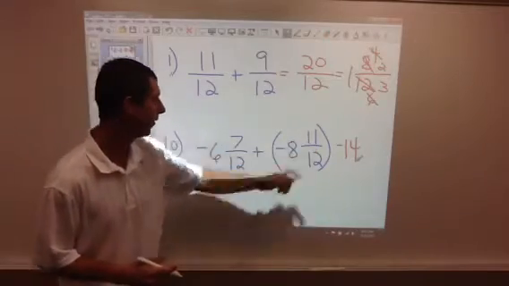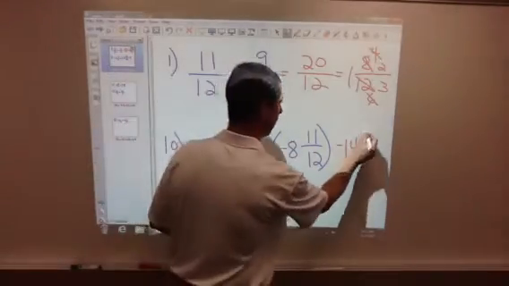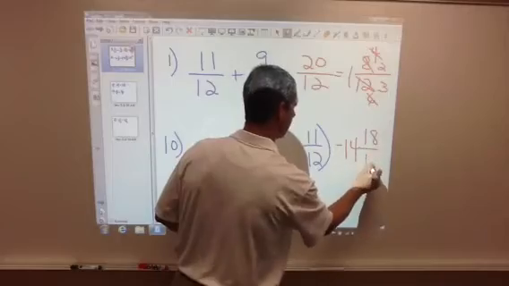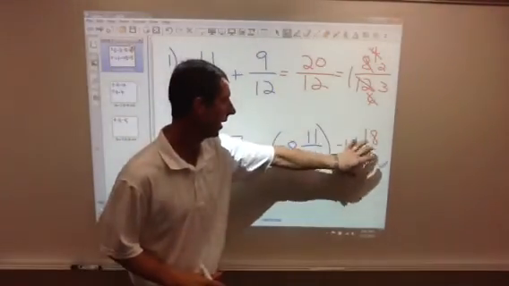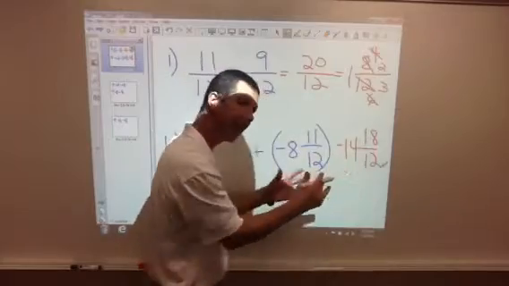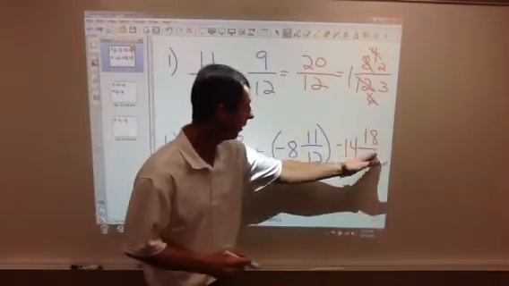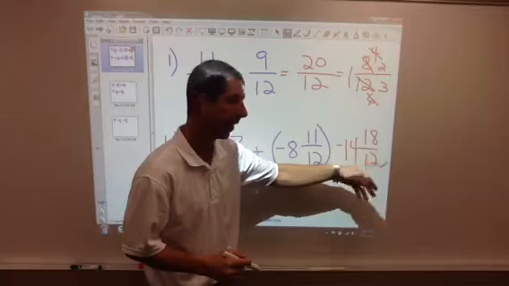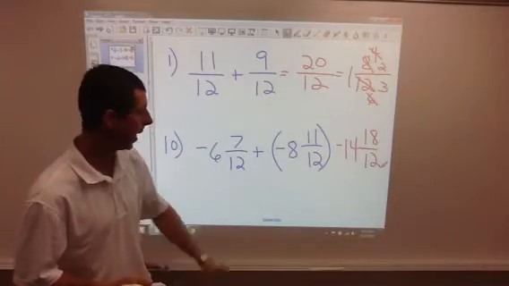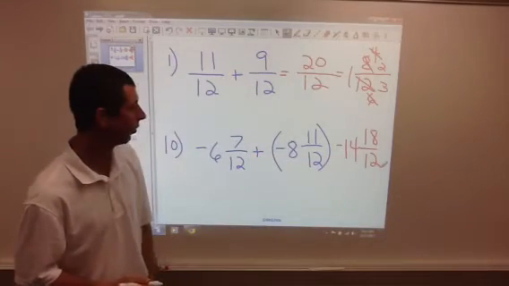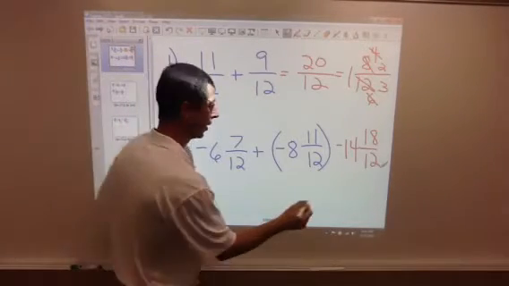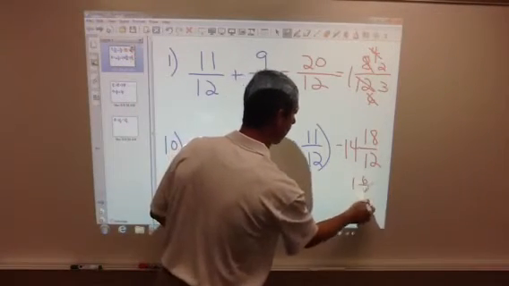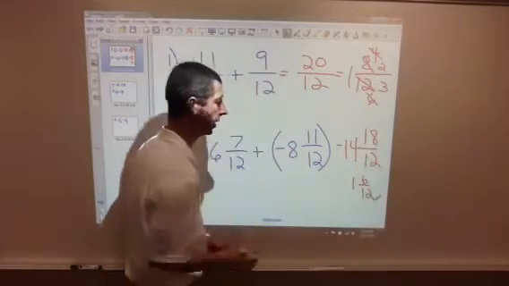So 7 and 11, that's 18. So 18 twelfths. What I have right now is negative 14 and 18 twelfths, and this whole thing is negative. So I have to reduce this here and add that to this. 12 is going to go into 18 one time with 6 left. So that's going to be 1 and 6 twelfths when I reduce 18 twelfths.